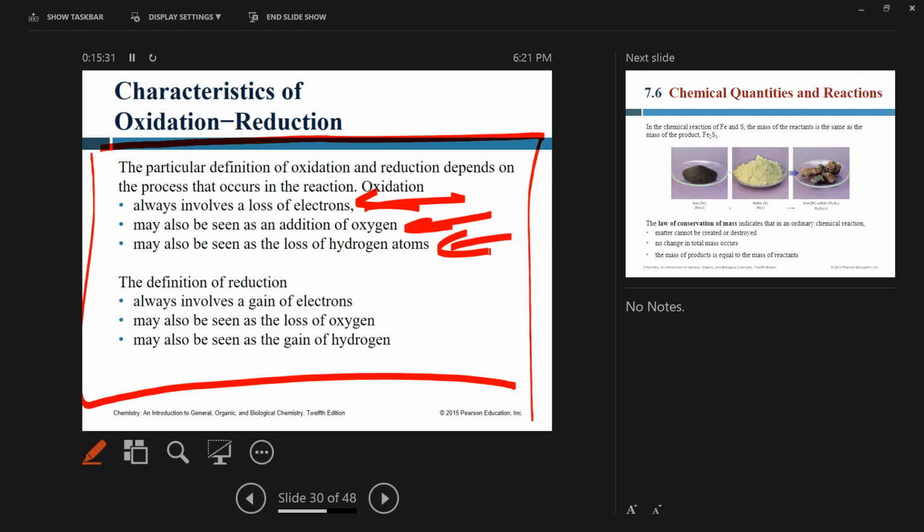And a compound is reduced when it gains electrons or loses oxygen or gains hydrogen. Are we clear in terms of what oxidation and reduction is? You must know these definitions, you must be able to say what they are.